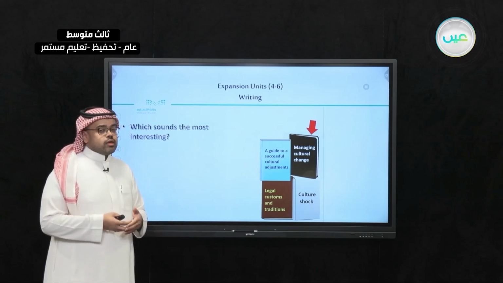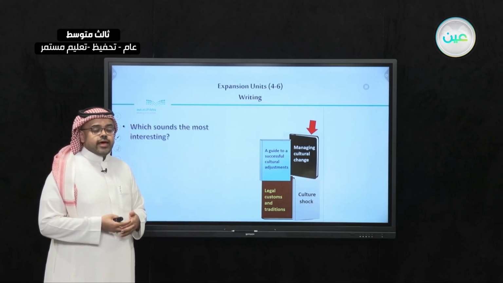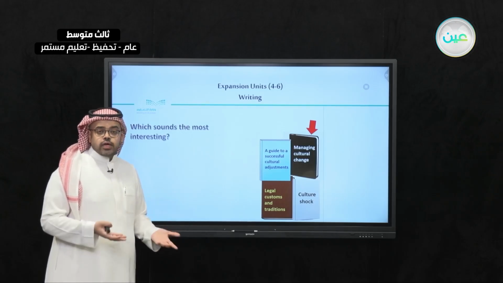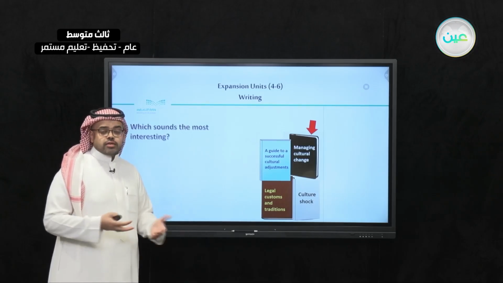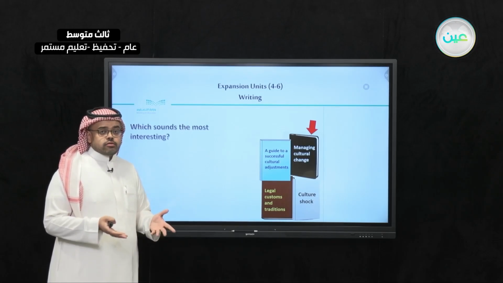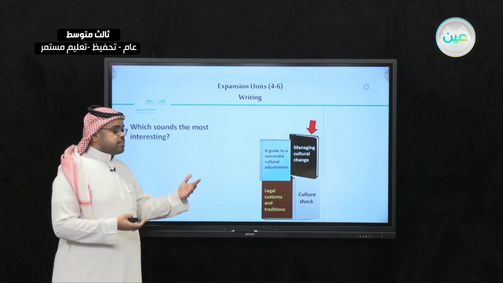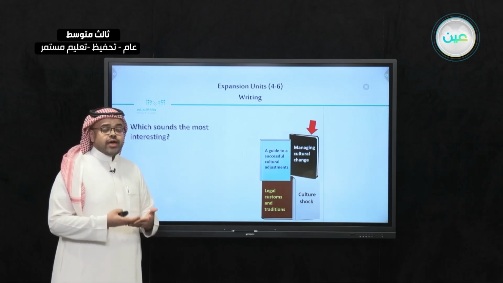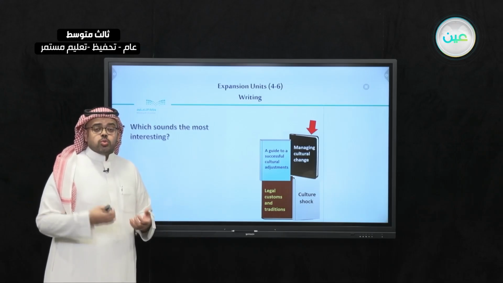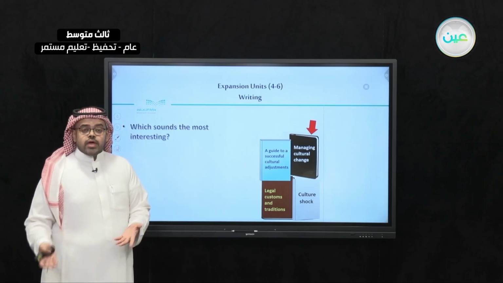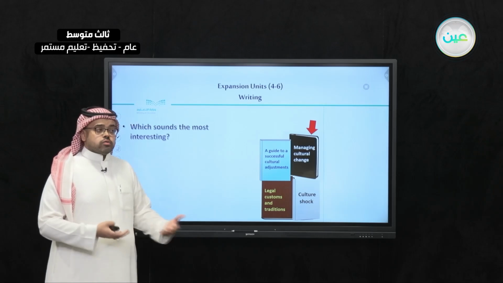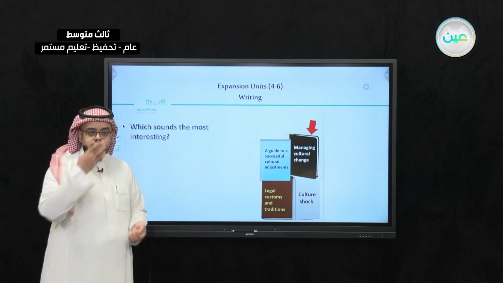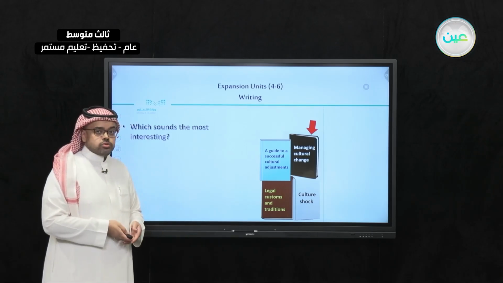Or do you think it's a part of life and you just need to practice it as it is? So this book talks about how you can manage it, how you can adjust, and how you can adapt fast to cultural change, whether you are a visitor of that place or a host when you meet new people who are not from your country.